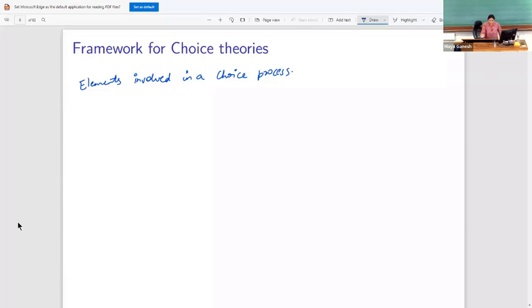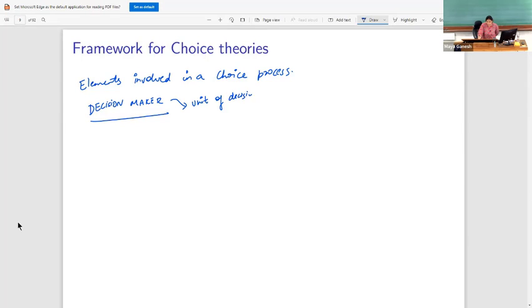We were talking about elements involved in a choice process, right? So one, of course, is the decision maker. When we say decision maker, we are actually talking in terms of the unit of decision making. It need not always be a single person.